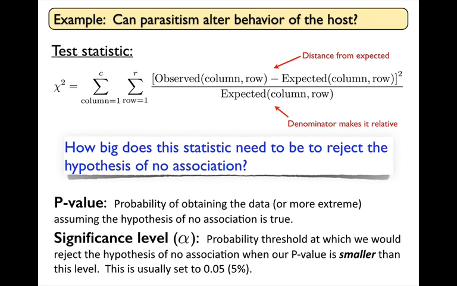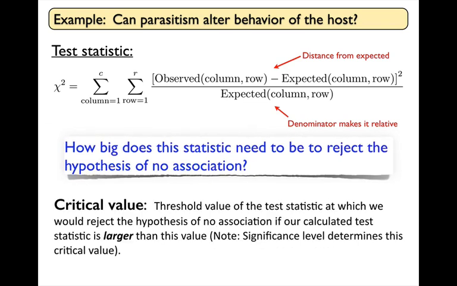It's the probability threshold at which we would reject the hypothesis of no association when our p-value is smaller than this level. It's usually set to 0.05. And again, I think we talked about this in lecture. But remember, it's not really a hard threshold. If you got something that was 0.06, you might still think there's some evidence of association. So it's just standard practice to use 0.05.